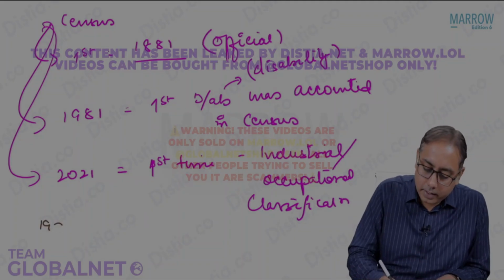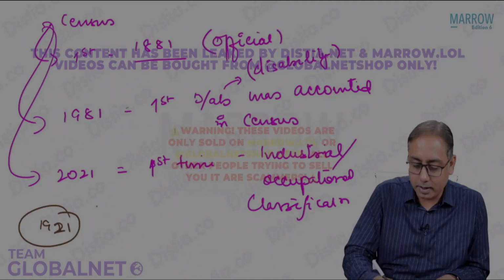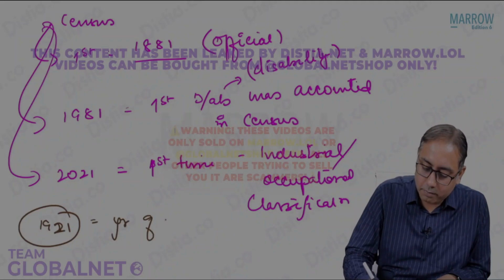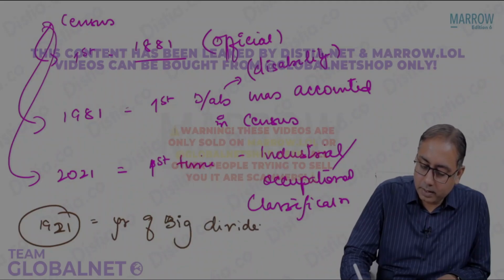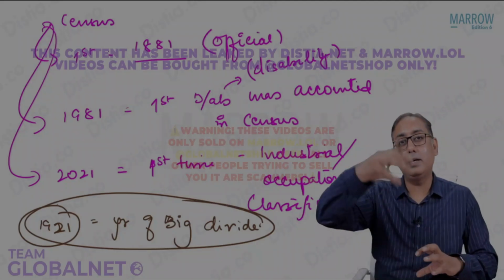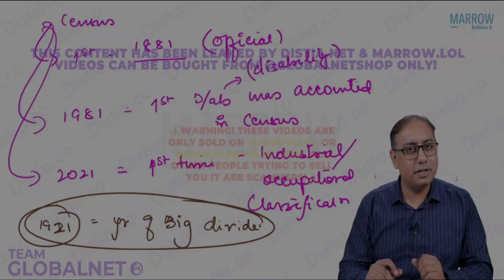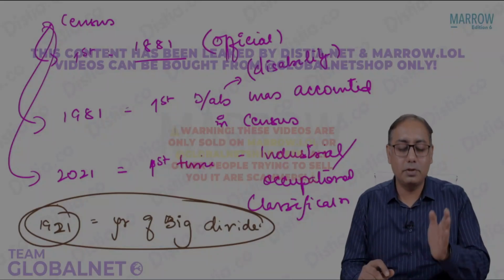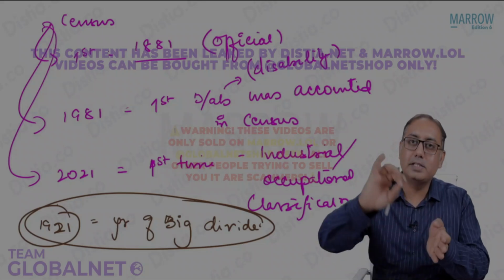And 1921, that is a long time back, right? 100 years back, 1921 is also known as the year of the big divide. Why do we call it the year of the big divide? Because probably at that time we saw a peak in our annual growth rates. From the 1921 census, we started observing a rise in the growth rates.